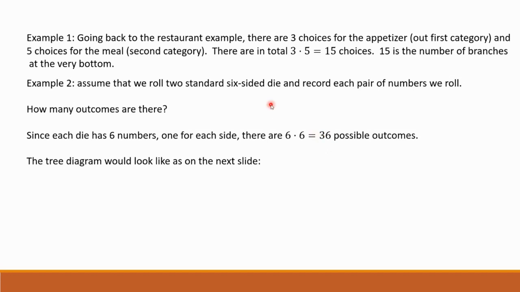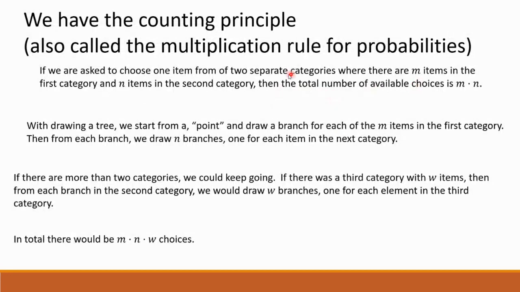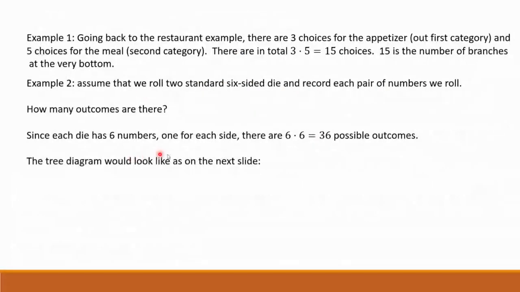When you roll the die the second time, second category, there are 6 possible outcomes. Because of that, in total, there are 6 times 6, which is 36 possible outcomes.